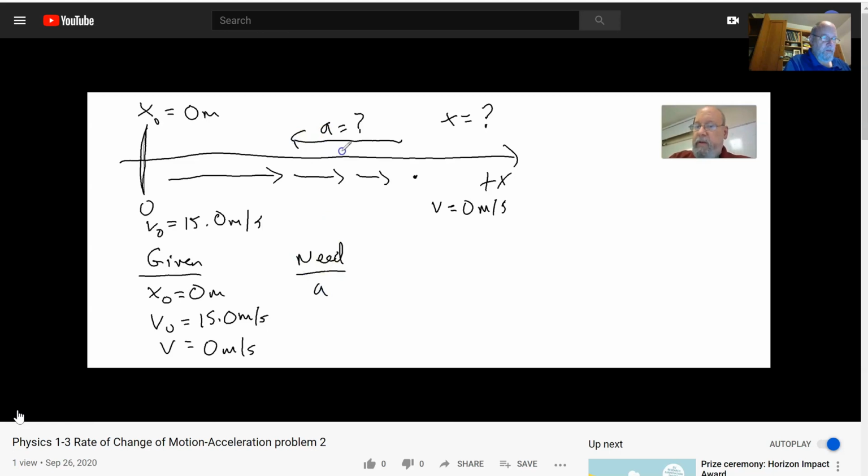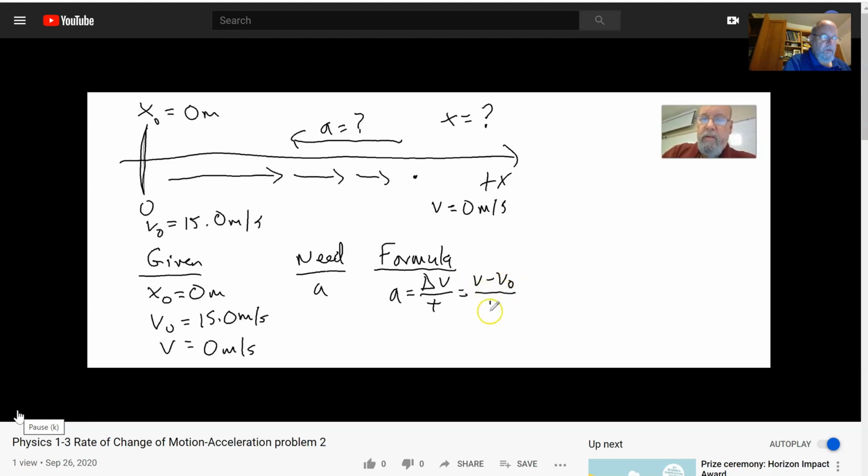And because my acceleration arrow is pointing in the negative direction, my math also has to work out so that I have a negative sign in front of the acceleration. Let's see if that happens. My formula, the only one I know for acceleration, equals change of velocity over time equals final velocity, always final first, right?